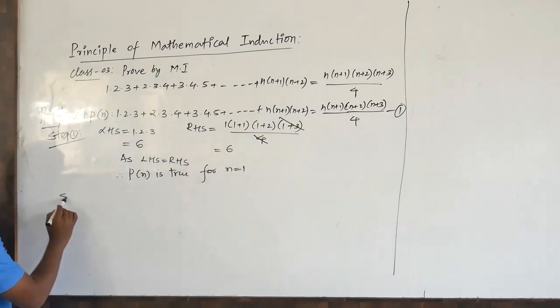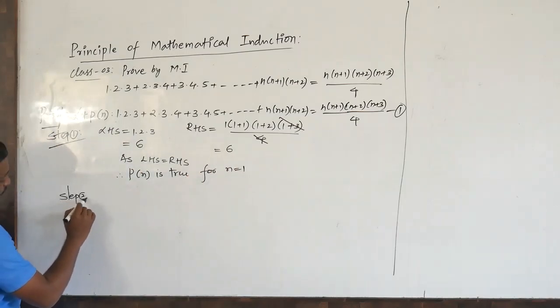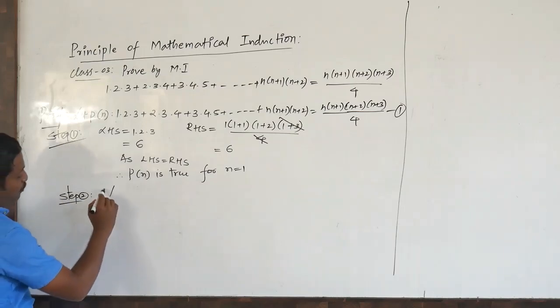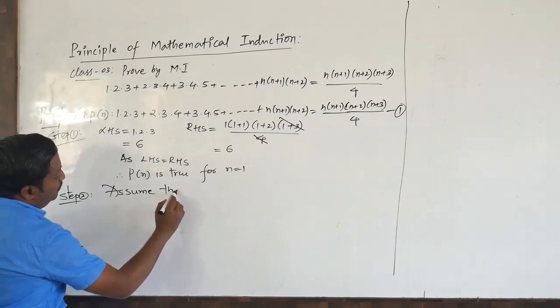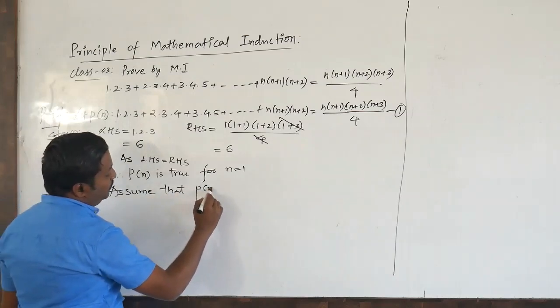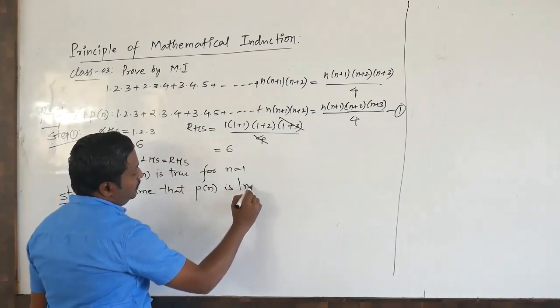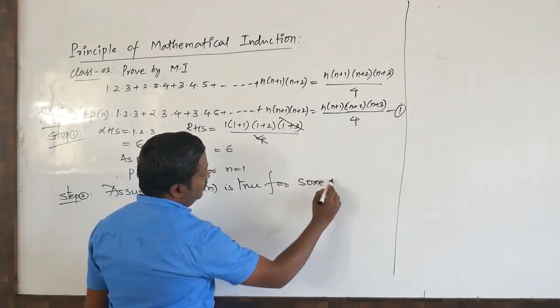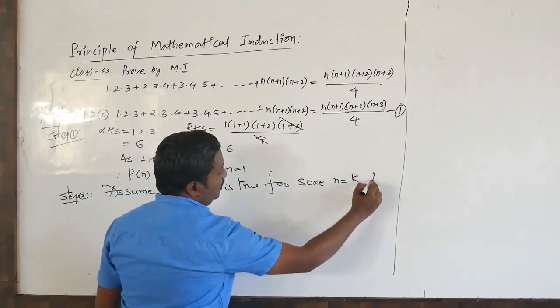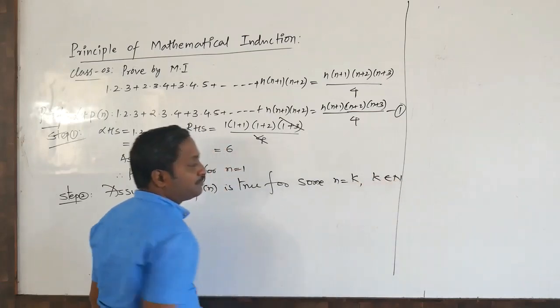Next, step 2. Assume that P of n is true for some n equal to k, where k is any natural number.